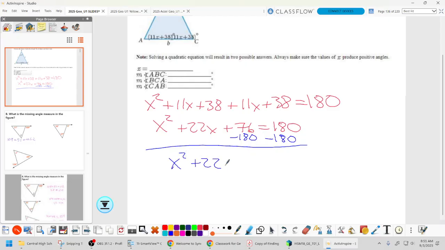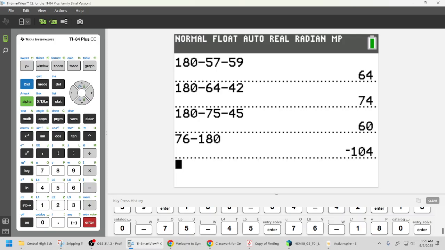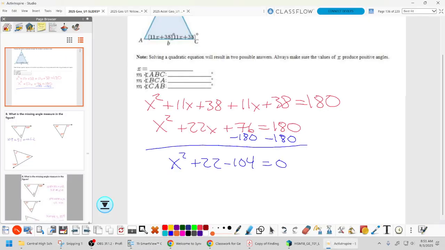Okay, so 76 minus 180, what is that? I think negative 104. Let's just double check so we don't get on the wrong path. Okay, so we're looking now to factor this.